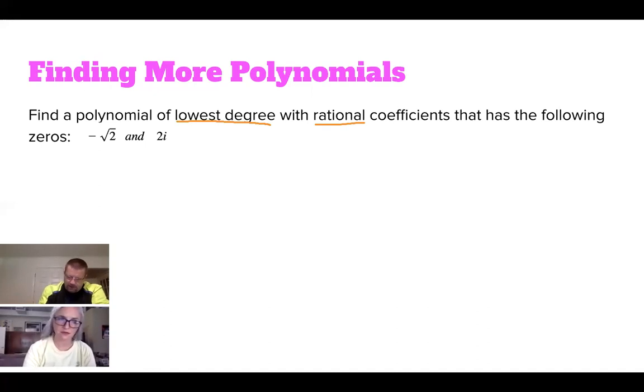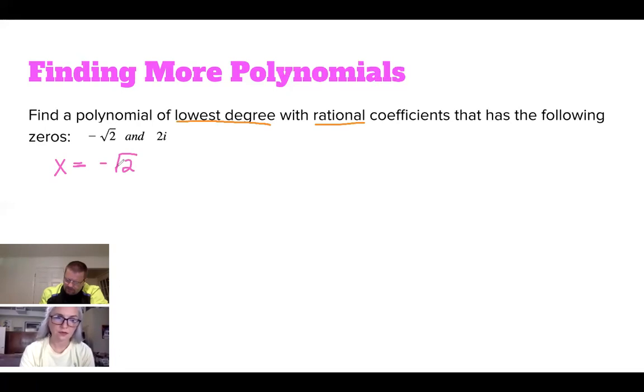So if we know that -2, these are 2 of our solutions. So using what Miss Young likes to do, we want to write down our zeros. So I know that x equals the negative square root of 2 is a root.